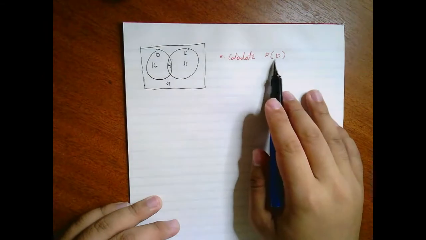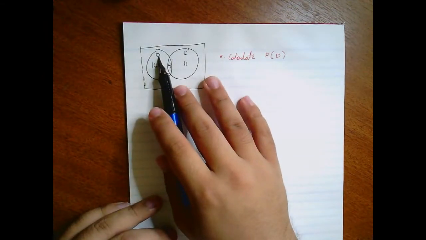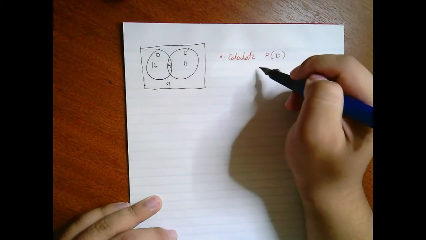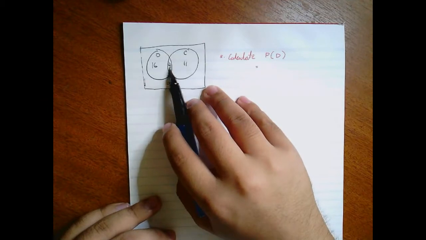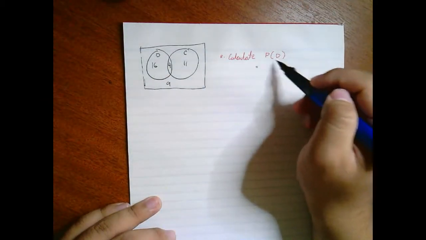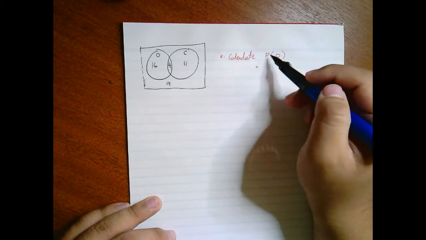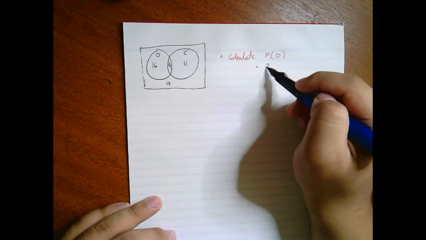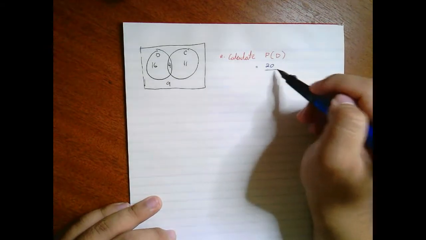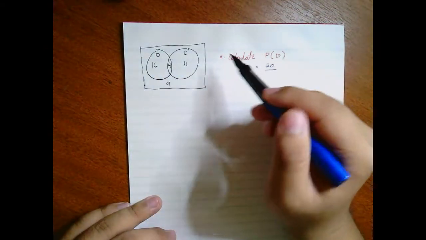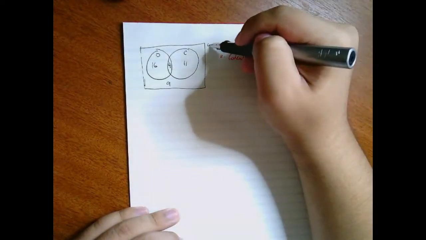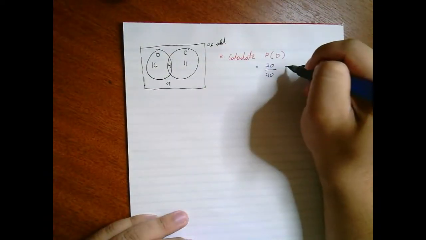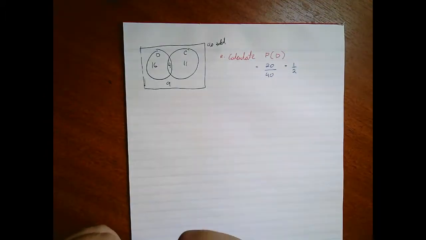Let's think about that. How many are in the group of D? If you said 16, you're incorrect, because that 4 is also part of it, because there are no conditions on this event. It just says dog owners. There are 20 dog owners, and there are 40 people in total, which gives us a probability of half.